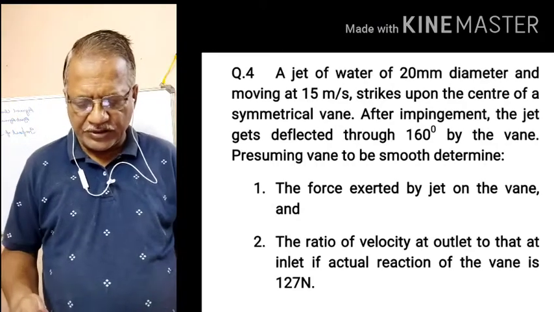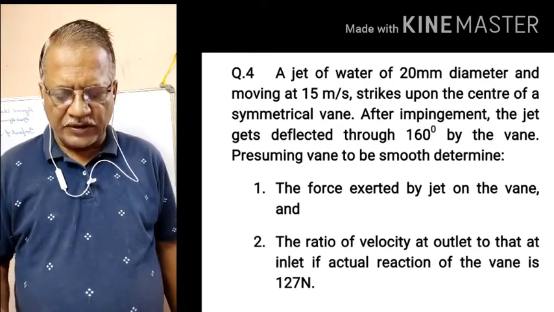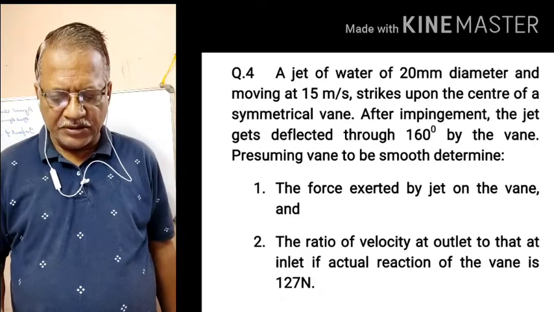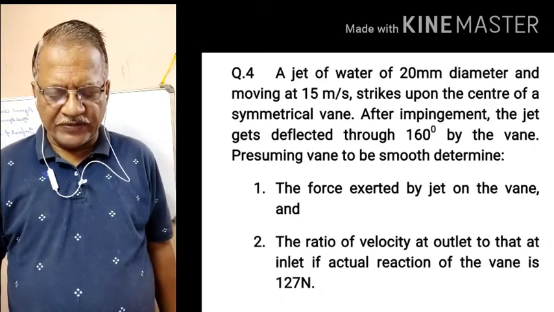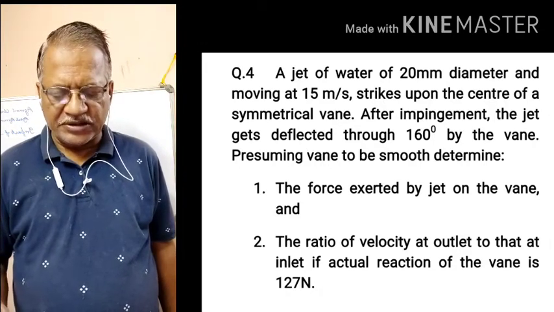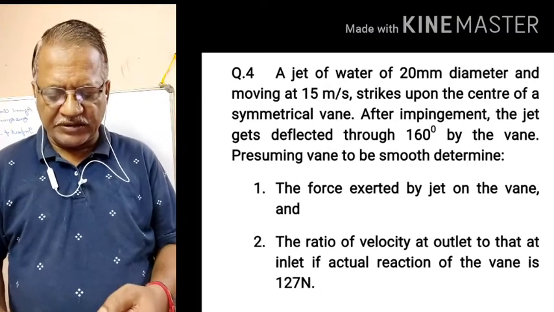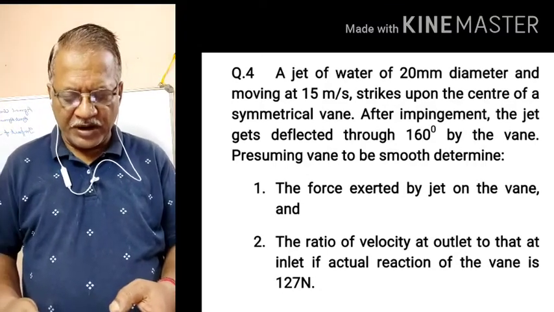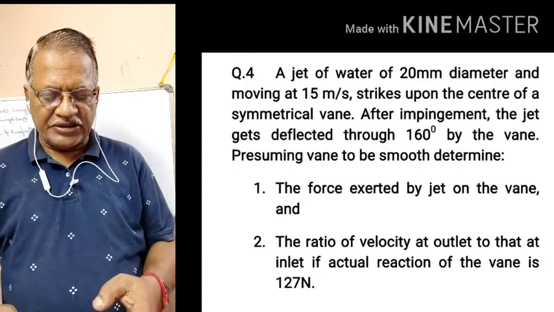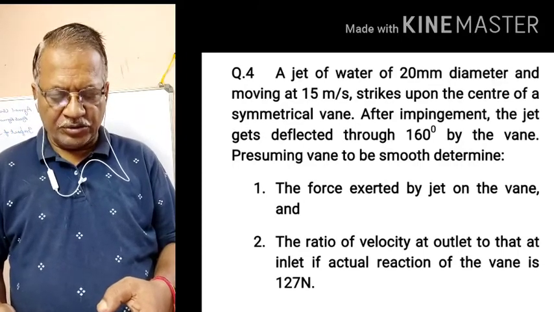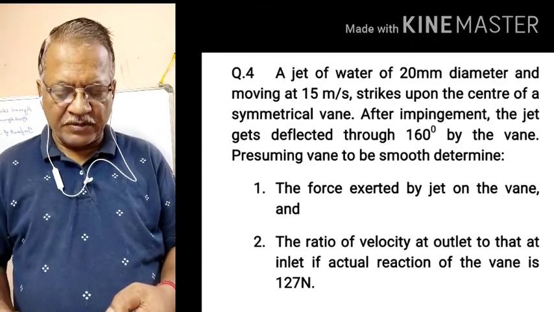Question number 4. A jet of water of 20 mm diameter and moving at 15 meter per second strikes upon the center of a symmetrical vane. After impingement, the jet gets deflected through 160 degrees by the vane.